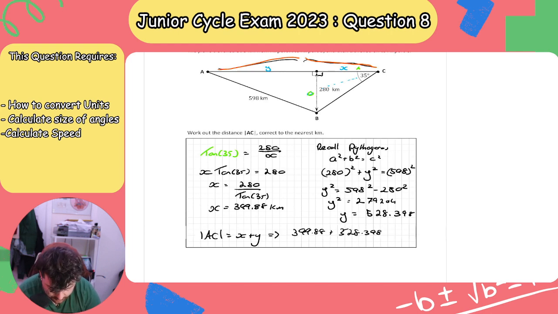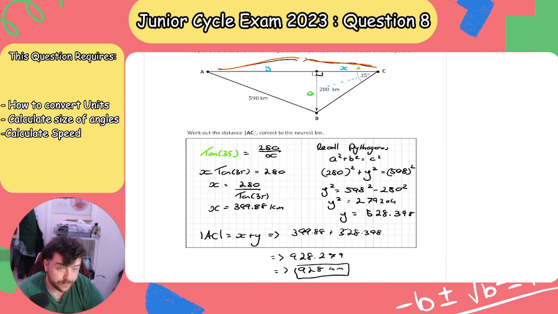Add them up. AC is going to be equal to 928.279, but it says to the nearest kilometer, so my answer is going to be 928 kilometers, because I'm rounding down.